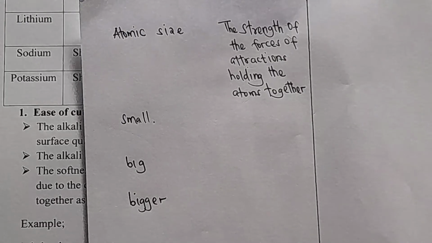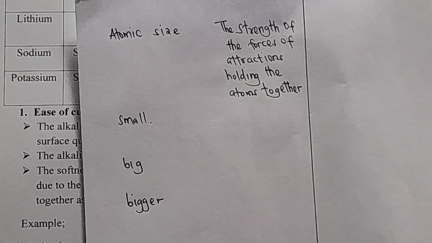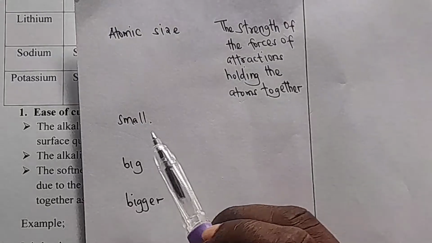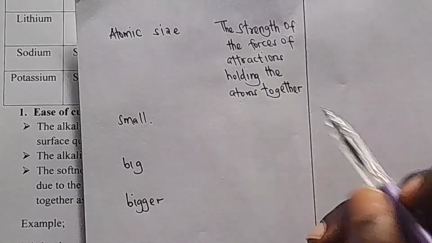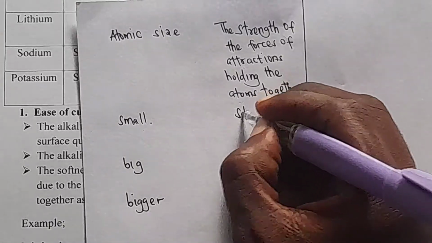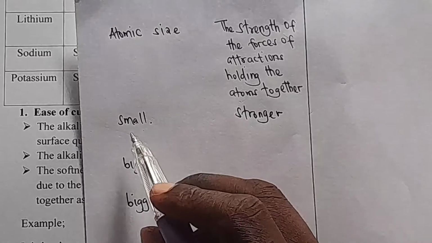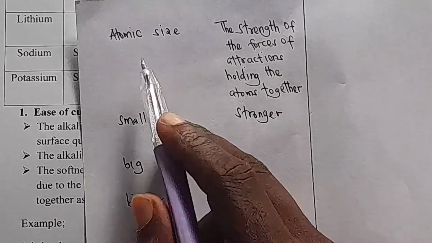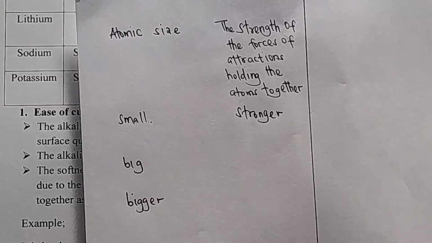The atomic size of potassium is bigger or larger because it has more occupied energy levels than that of sodium and also that of lithium. So when your atomic size is small, the strength will be stronger. So lithium, which has a small atomic size, is going to have a stronger strength.